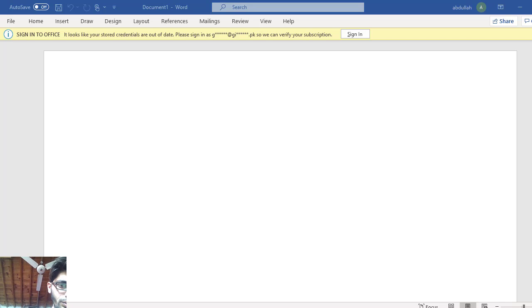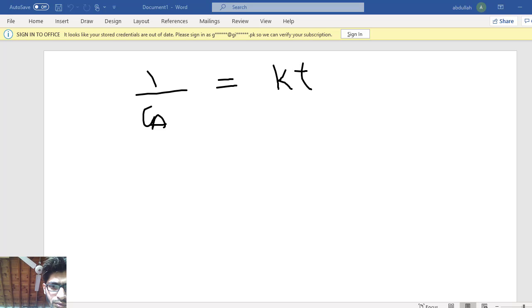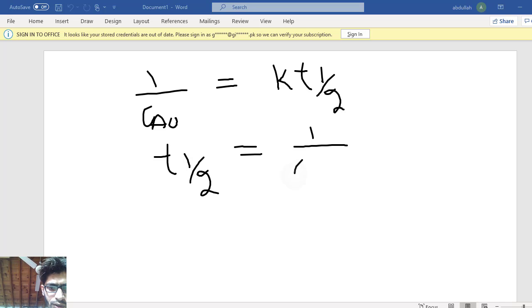So 1 over C_A naught is equal to k times t half, and the half-life is equal to 1 over C_A naught times k.